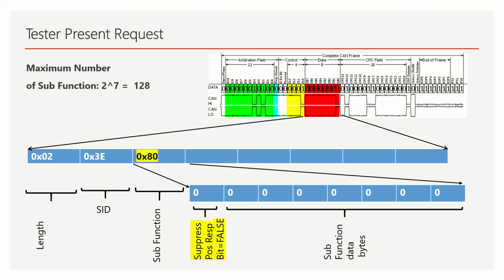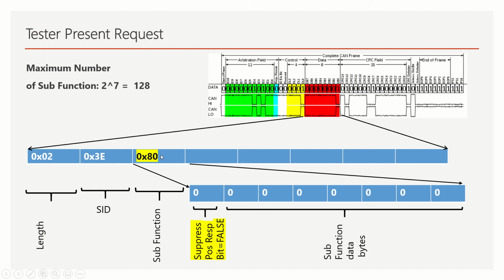I would like to cover some points here about the sub function. If you are already aware, this could be a repetition for you, but I will just mention it. Let's say we have a request with a sub function. Around 2 raised to 7 sub functions are possible, because the first bit is reserved for the suppress positive response.